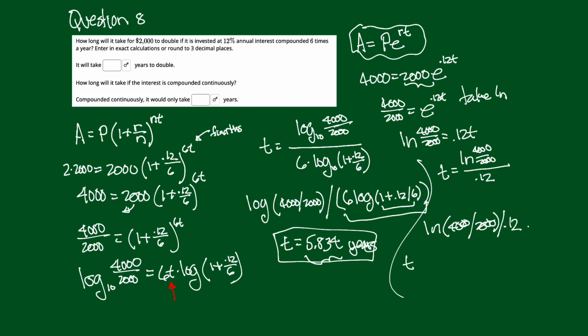And I am getting that t is equal to about 5.776 years. All right, so a little bit less, right? If you're compounding 6 times a year, it takes about 5.8 years. If you're compounding continuously, a little bit less, but not much.